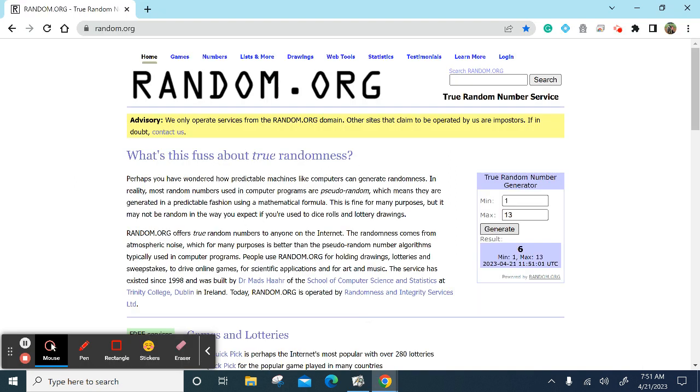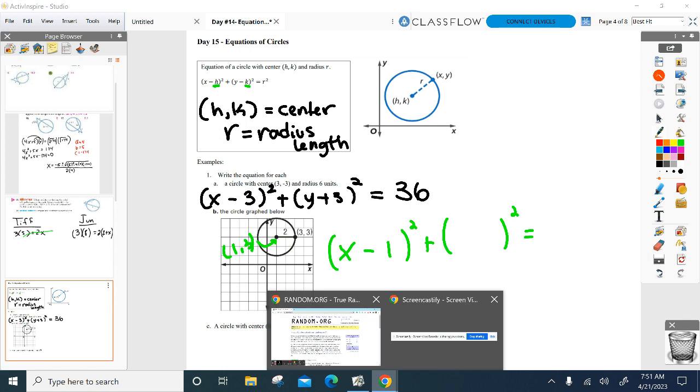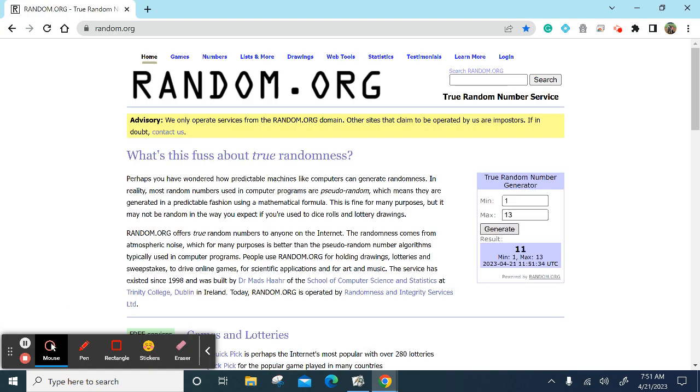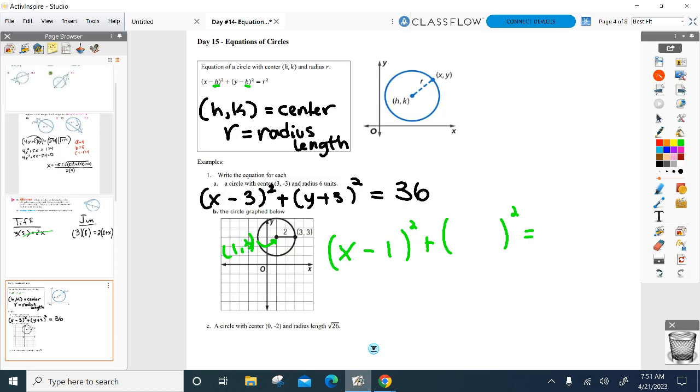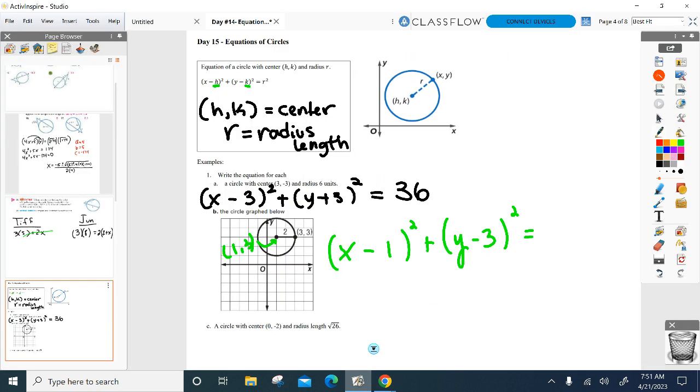X minus 1 squared, because that's the x coordinate of the center, plus, what about in the next parenthesis? y minus 3, good catch, equals your radius squared. First, what is your radius length here? What's my radius length? Square it. There you go.